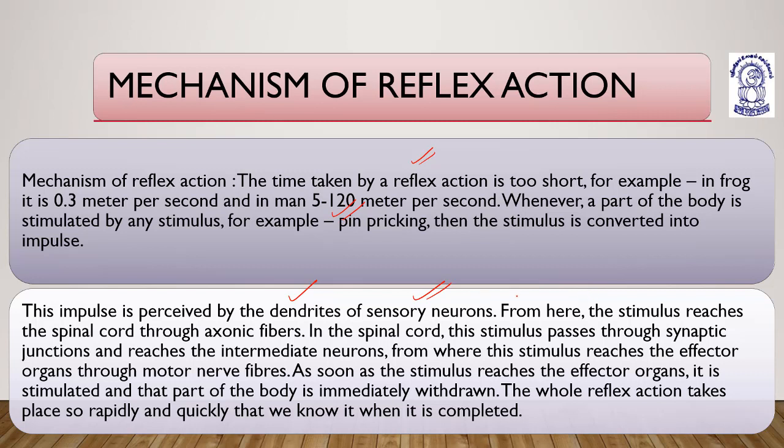From here, the stimulus reaches the spinal cord through axonic fibers. In the spinal cord, the stimulus passes through synaptic junctions and reaches the intermediate neurons. From there the stimulus reaches the effector organs through motor nerve fibers. As soon as the stimulus reaches the effector organs, they are stimulated and that part of the body is immediately withdrawn. The whole reflex action takes place so rapidly that we know it only when it is completed.